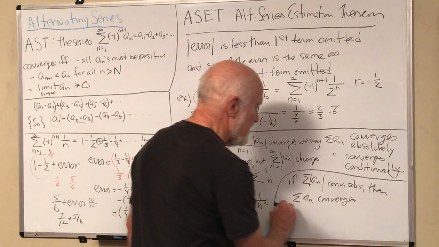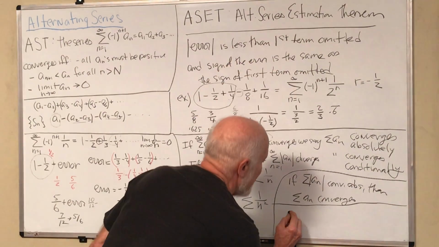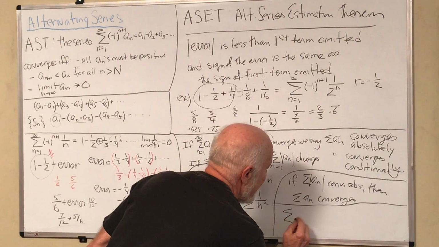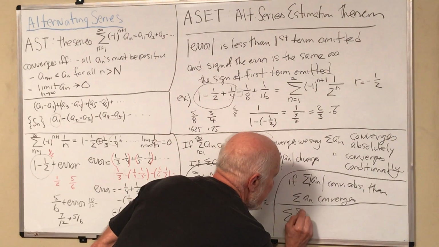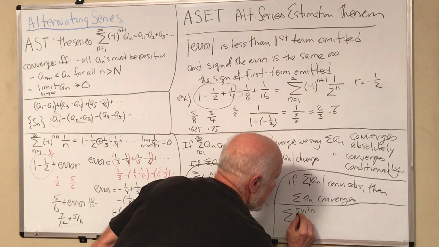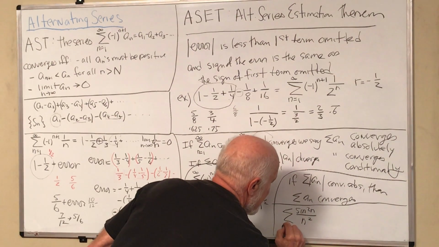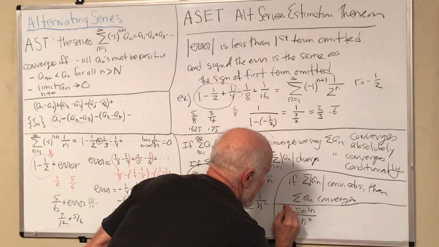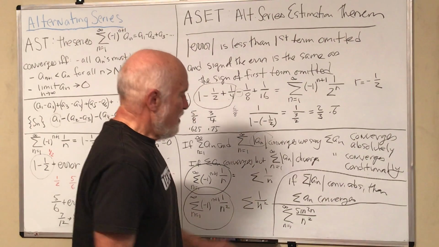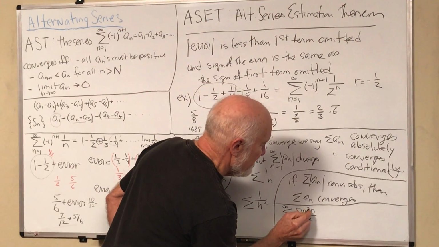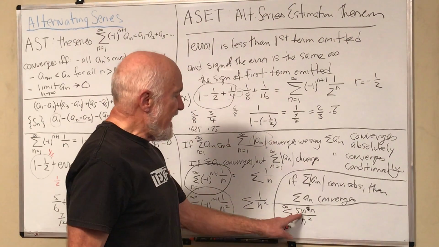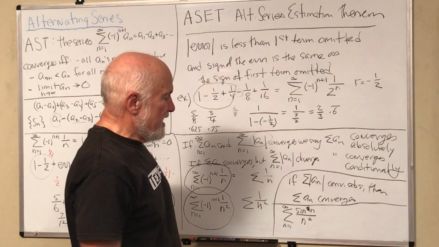So I don't have too much room, but I'm going to just throw one quick example. What if you had the sine of n over n squared?